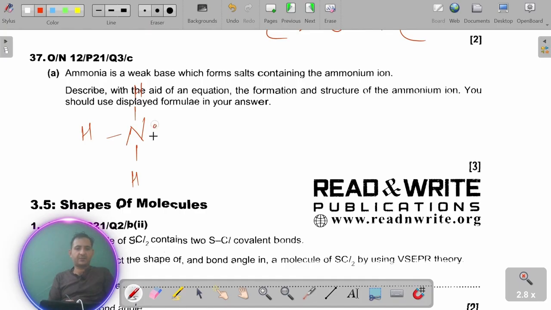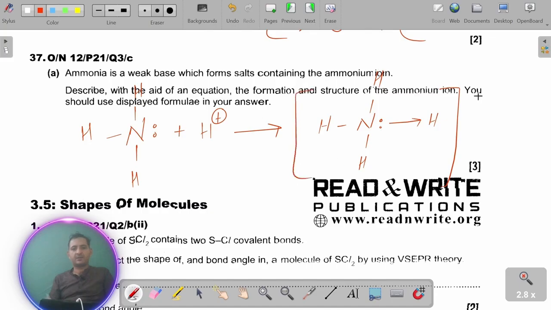It has a lone pair of electrons, and this lone pair of electrons goes to this H positive, and now we are getting this dative bond. The product is the ammonium ion. So this ammonium ion will have a positive charge.